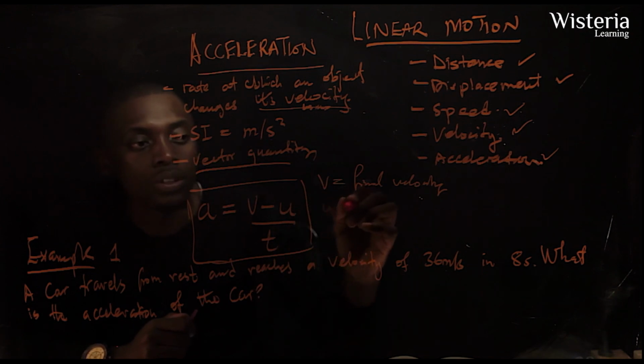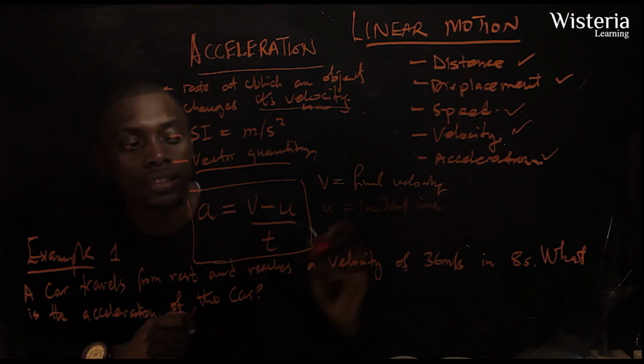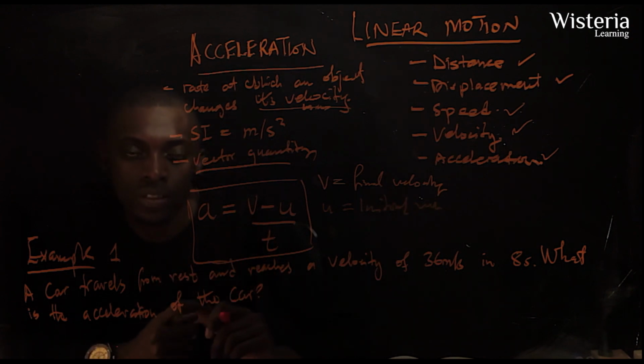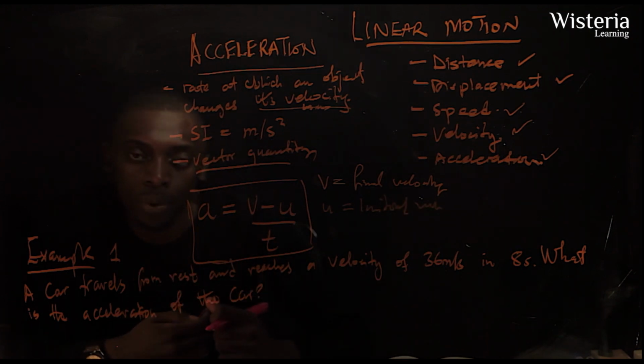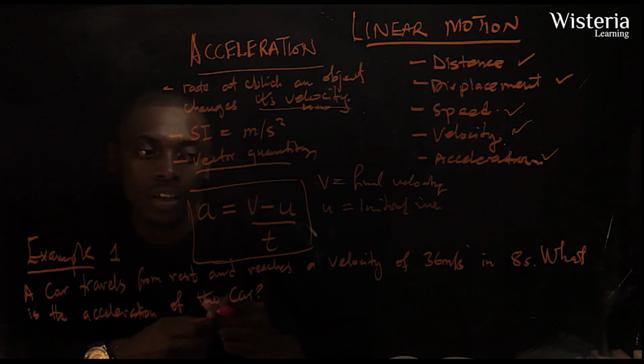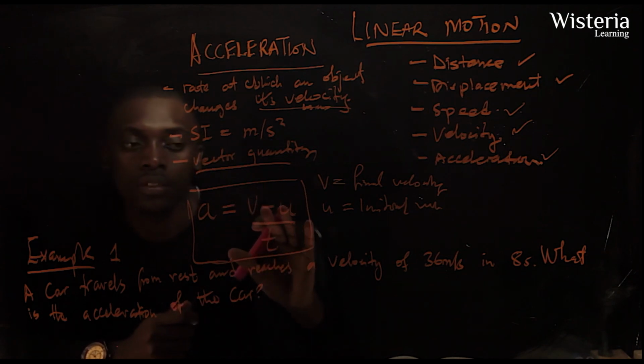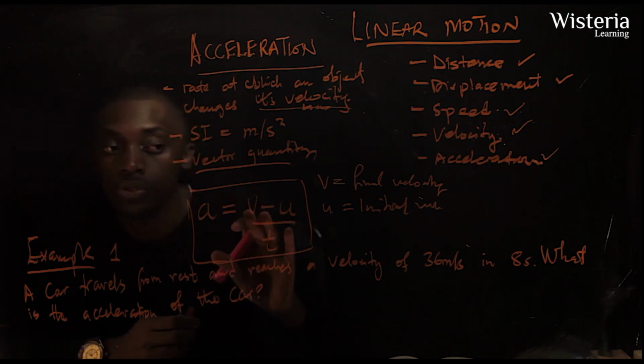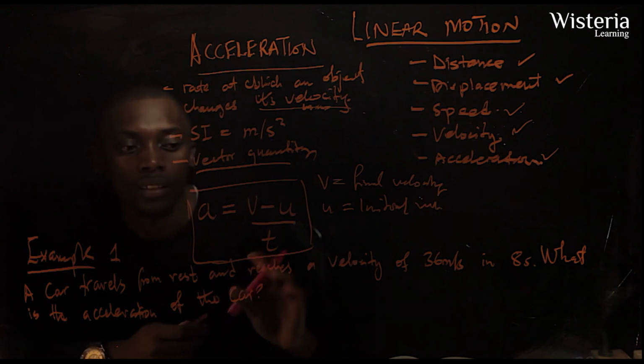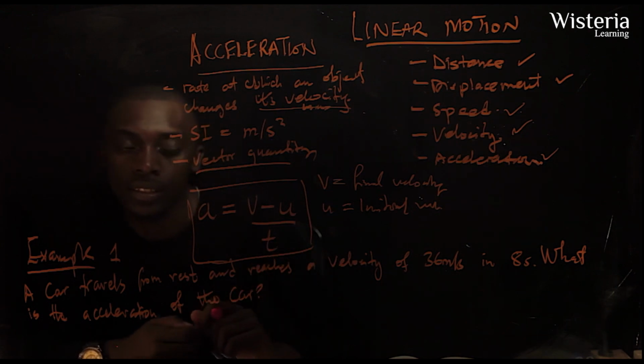Then the u is the initial velocity, meaning this is the starting velocity before making motion from one point to the other. So you need to know what the v and the u actually mean, and it's v minus u, not u minus v. And then the t, of course, is the time taken.